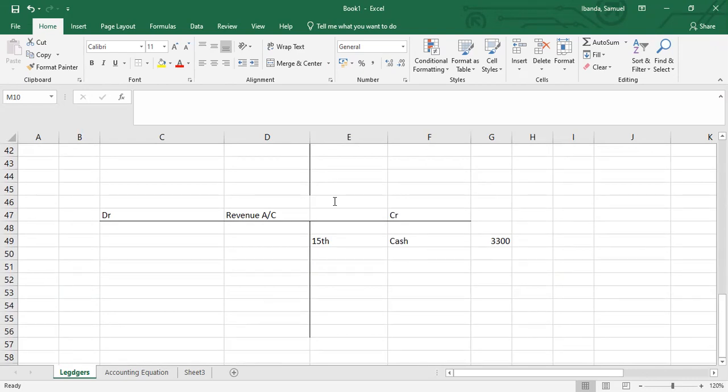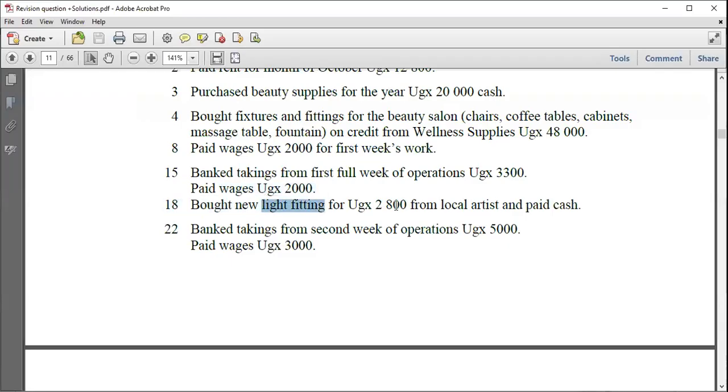Okay. So the next transaction, bought new light fitting from local artist and paid cash. We say that the light fitting is also an asset, just like the way we have fixtures and fittings.